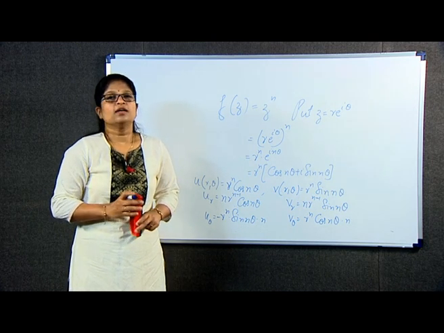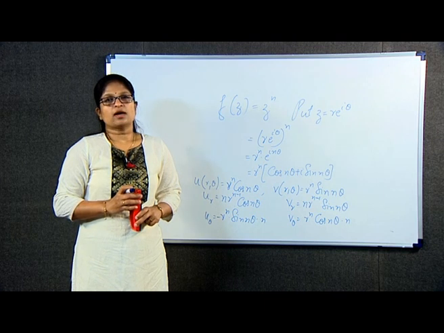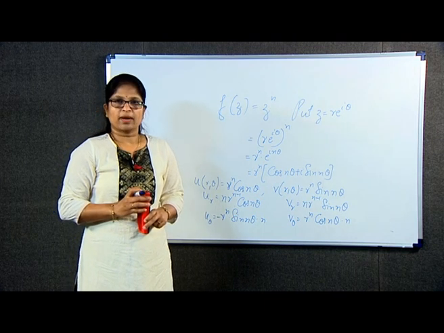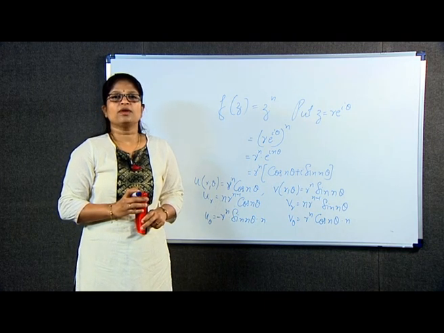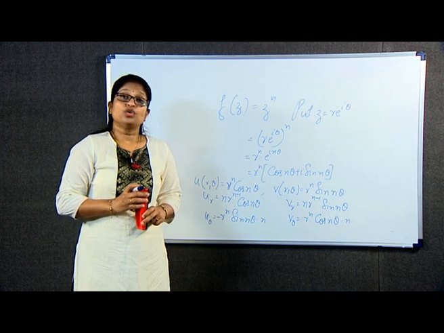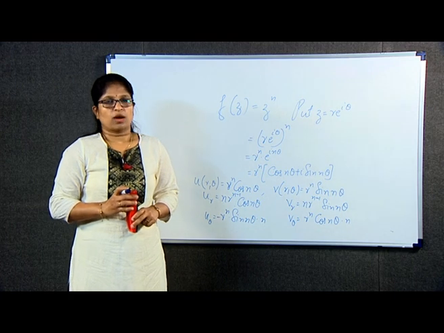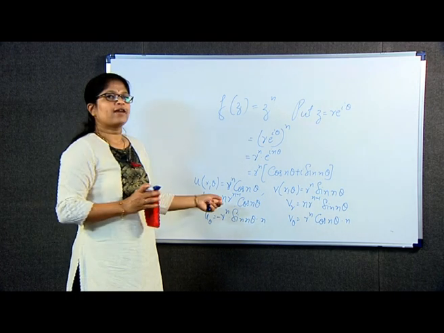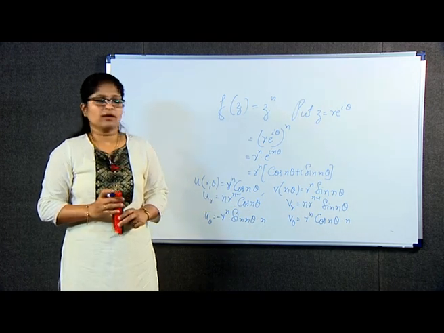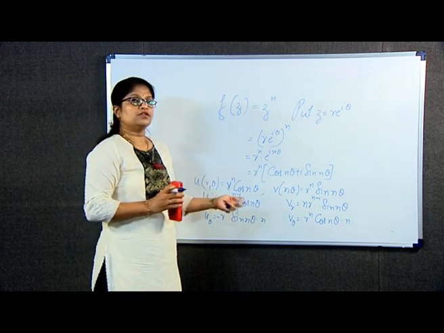What was it? It was dou u by dou r is equal to 1 by r dou v by dou theta, and dou u by dou theta is equal to minus r times dou v by dou r. So, you can easily verify that the CR equations are satisfied, and here there is no problem with continuity.